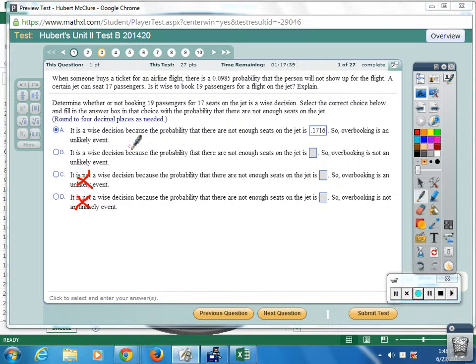So overbooking is an unlikely event. Not an unlikely event means that overbooking is going to happen. So why can't they put "so overbooking will happen"? I don't know why they can't put that. But anyway, so that's that. Next question.